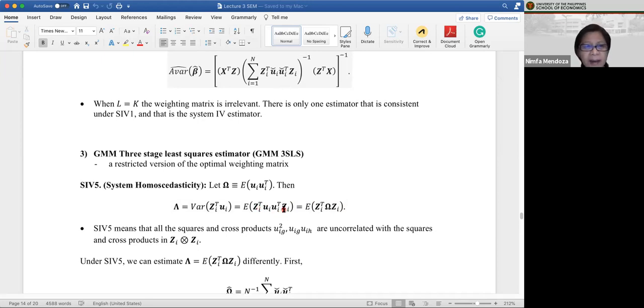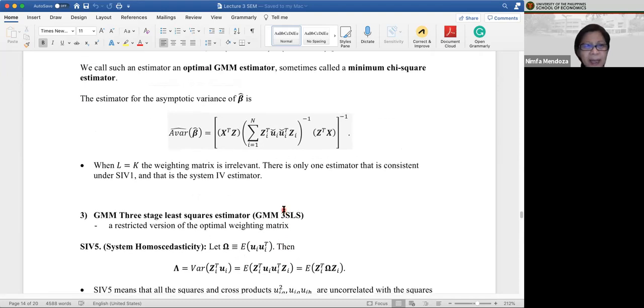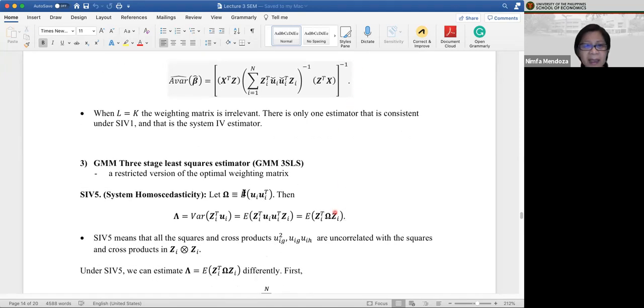Okay. So usually in practice, you would estimate an optimal GMM estimator, or the minimum chi-square estimator, and see how the estimates differ from that using the three-stage least squares estimator. If the estimates do not vary too much, then you are not far off from the system homoscedasticity assumption.